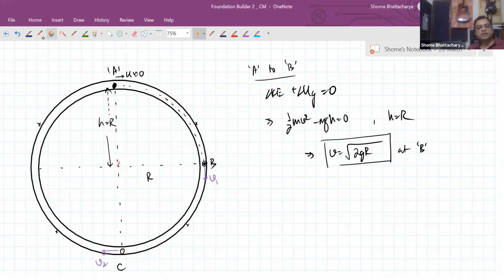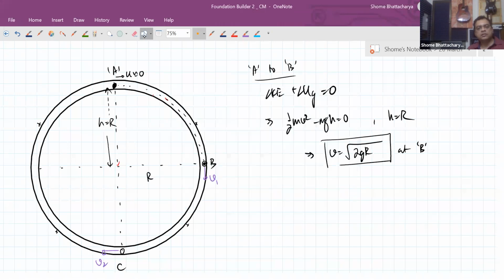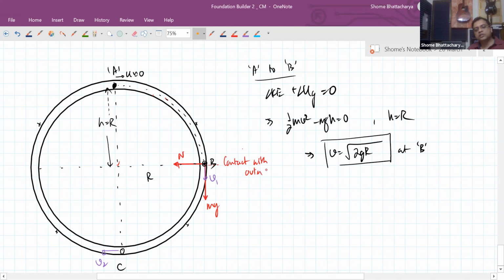Now once you get that, now you can see the forces acting at the point B are normal reaction and weight. So normal reaction is acting like this. It's in contact with the outer surface, so it's pushing it inwards. This one is the outer surface.